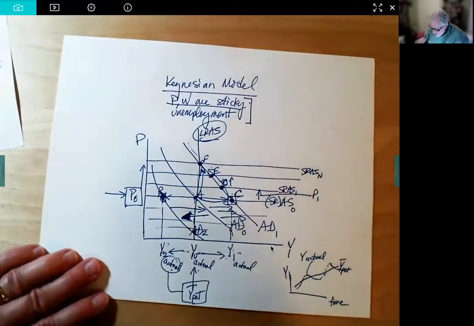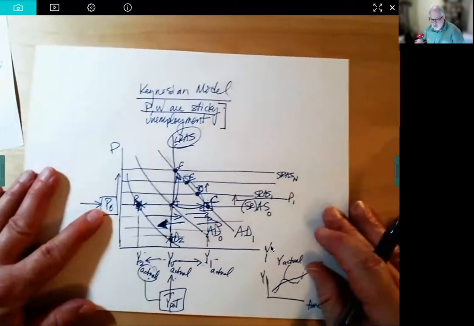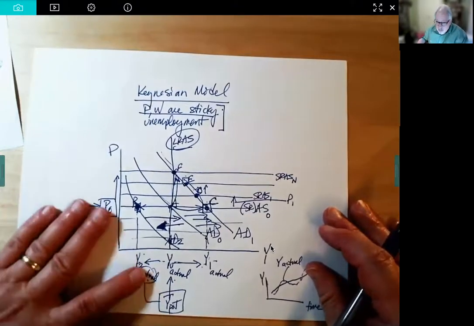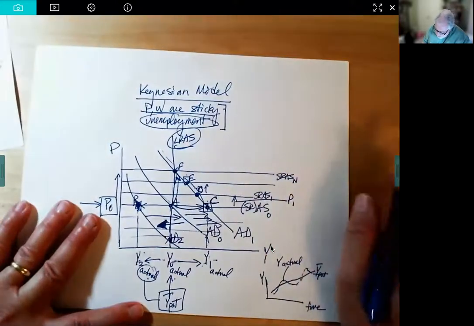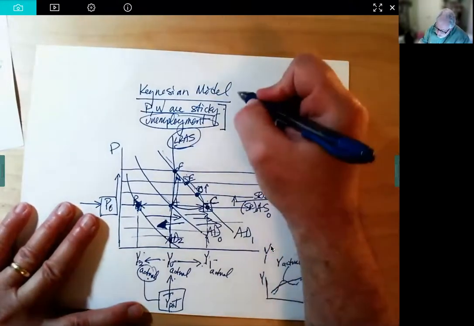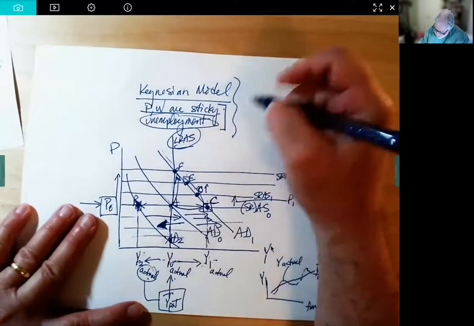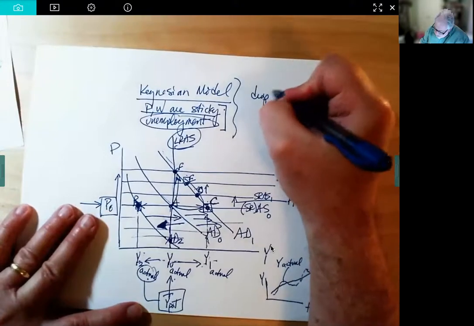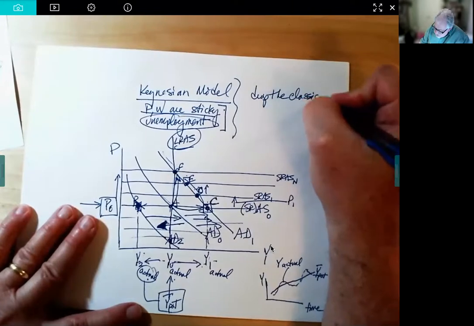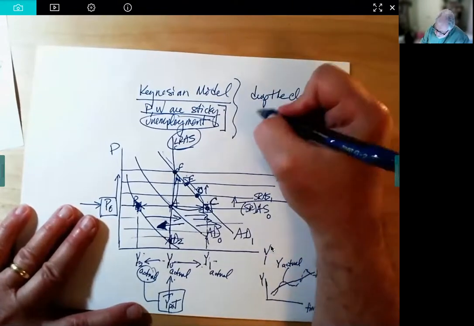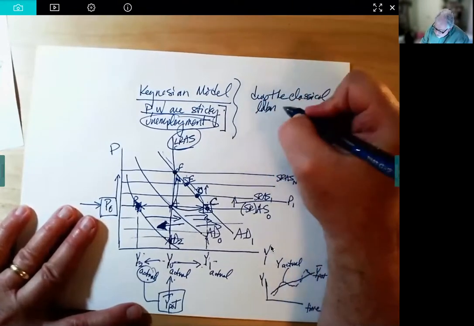Now, there's one other thing that we need to say something about here, and that has to do with unemployment. The thing that we have to say about this in the Keynesian model is that we drop the classical labor market, right? Labor demand, labor supply.